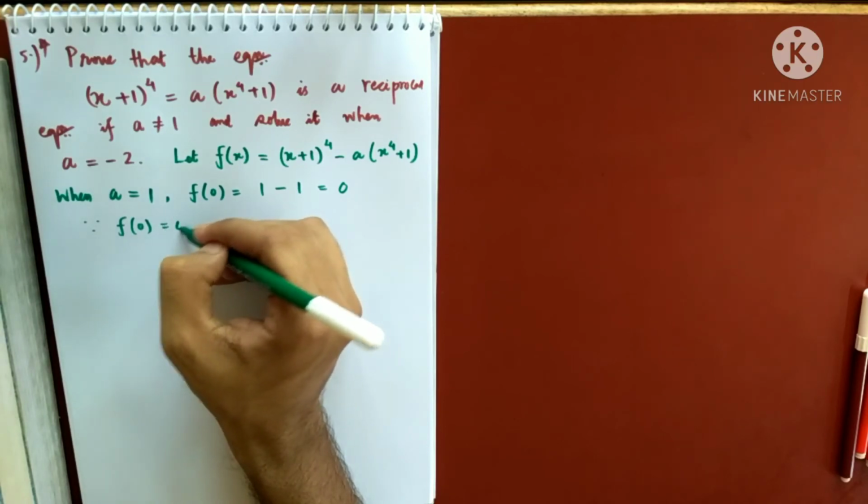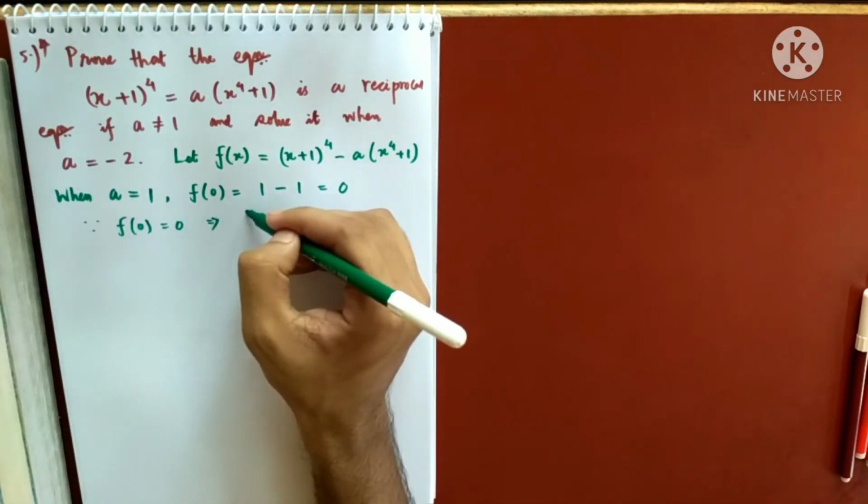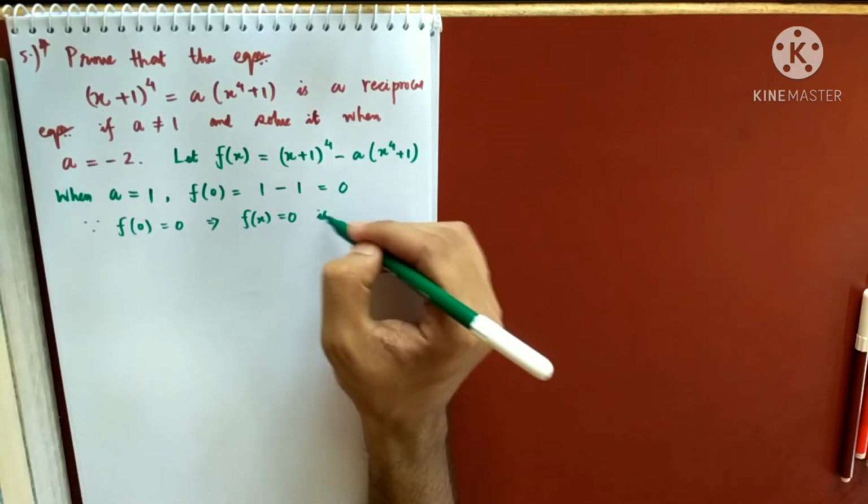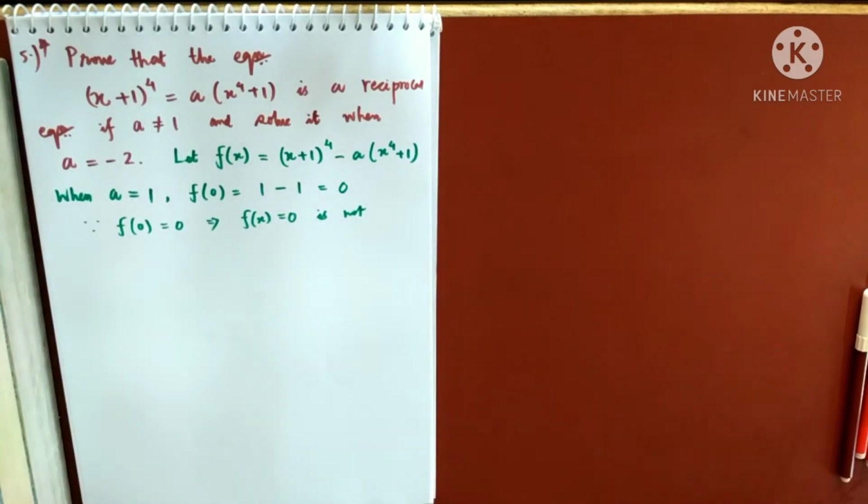That means 0 is a root, and this implies f(x) cannot be a reciprocal equation. You know why? If 0 is a root, an equation cannot be a reciprocal equation. Already discussed in the first class. Because the reciprocal of 0 is undefined, so we cannot talk about the reciprocal equation anymore.